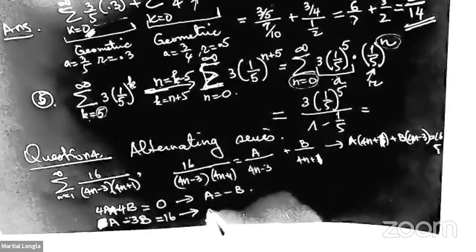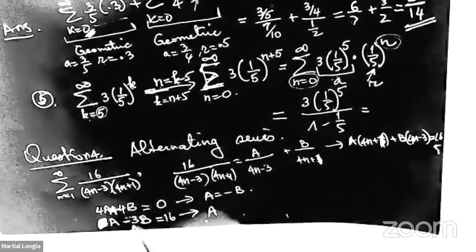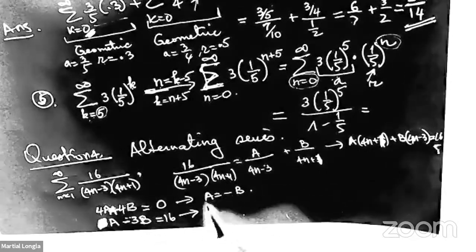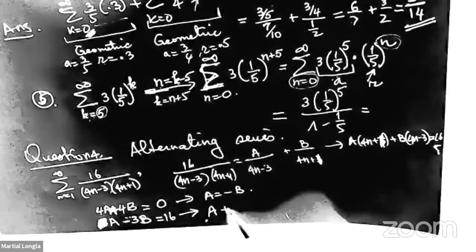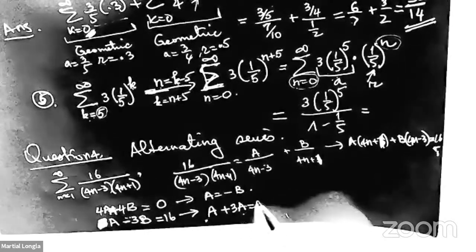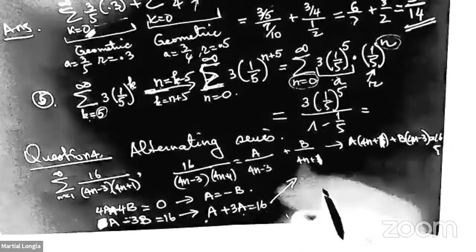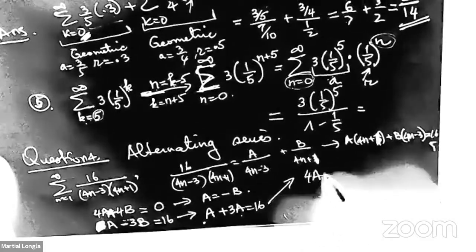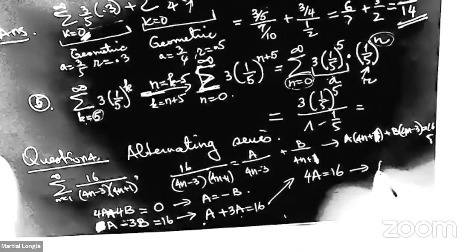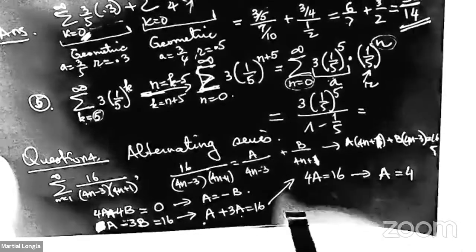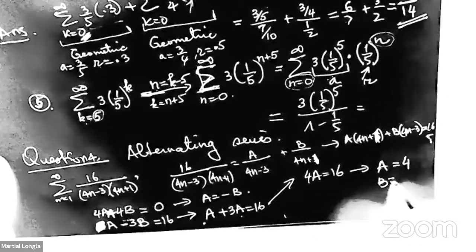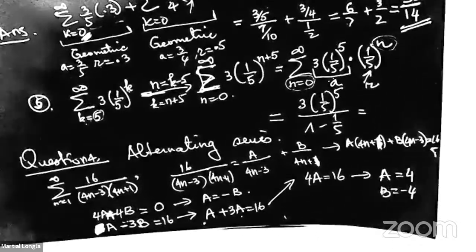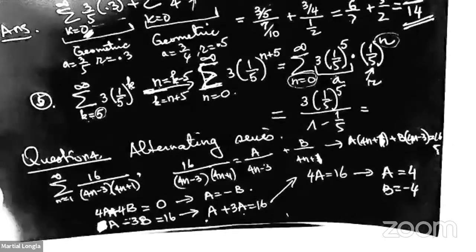So I replace b by minus a, so that's a plus 3a equals 16. So 4a is 16, so a is 4. And then b is minus a, so b is minus 4. So we got the a and b.